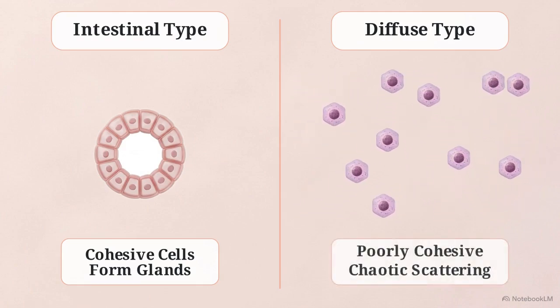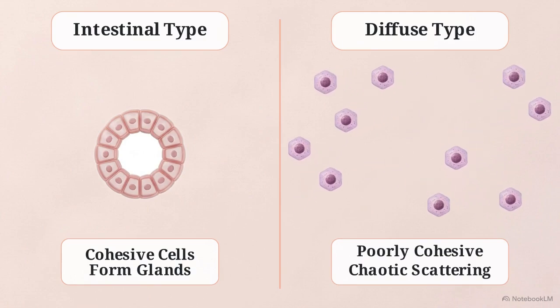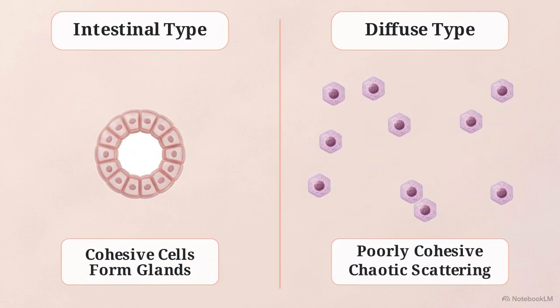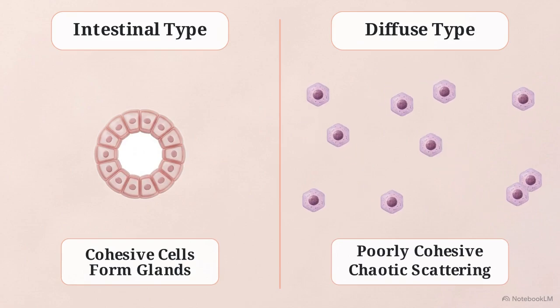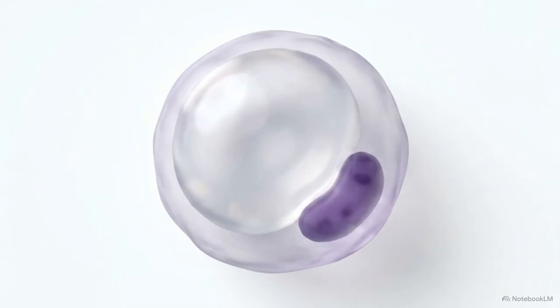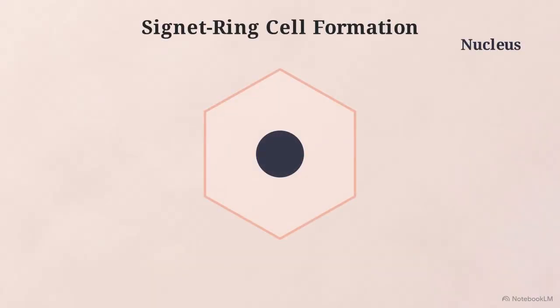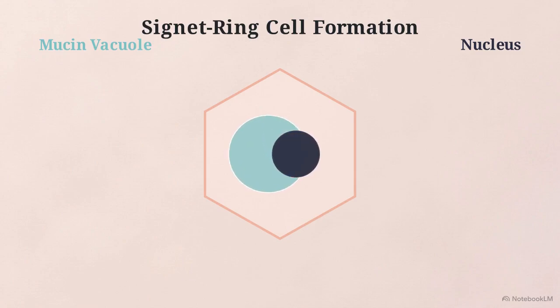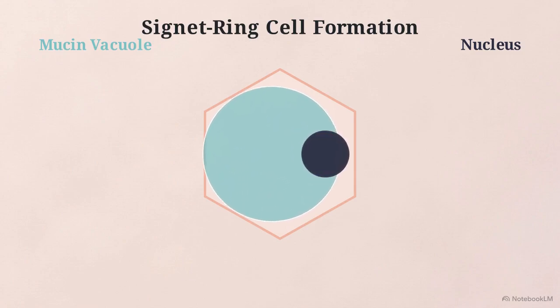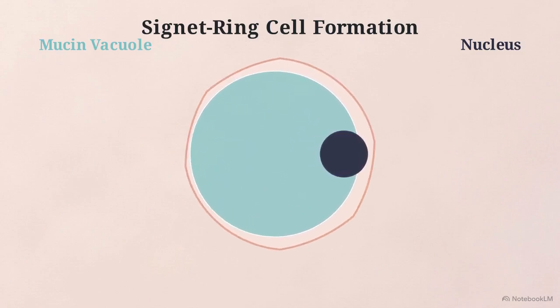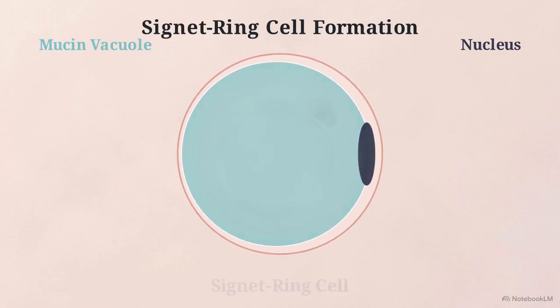The second pathway is the diffuse type. This features a chaotic, poorly cohesive cellular structure that completely fails to form glands. The hallmark of this diffuse pathway is a specific microscopic structure, the signet ring cell. Inside a signet ring cell, a massive intracellular mucin vacuole swells. As it expands, it completely displaces the nucleus, flattening it hard against the outer cellular membrane.